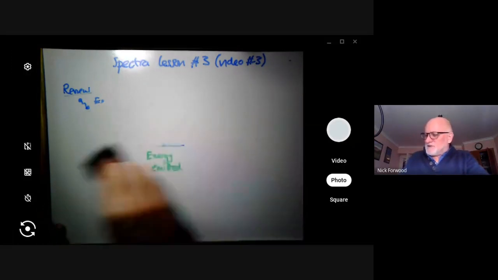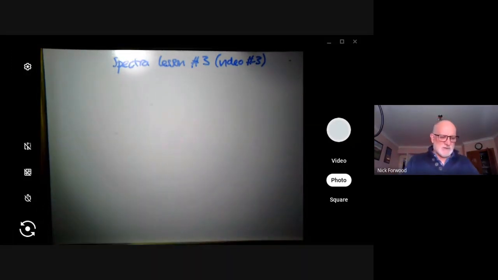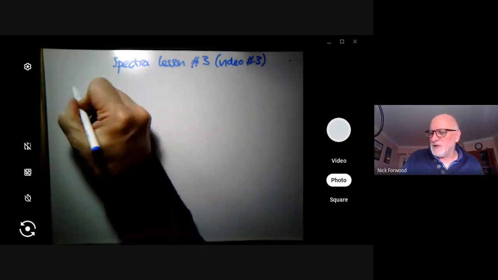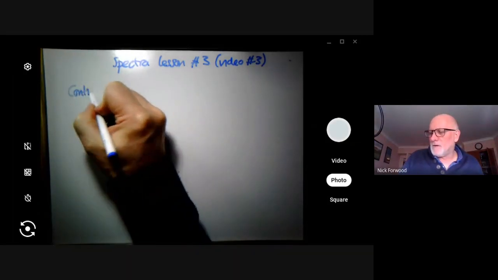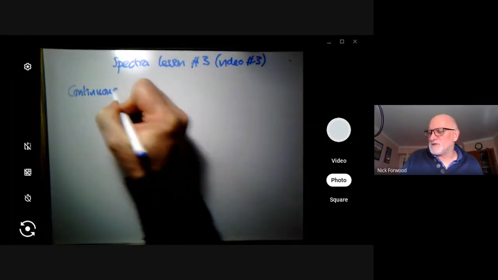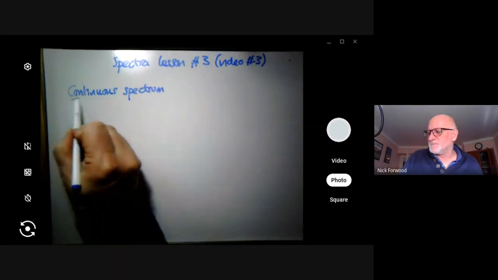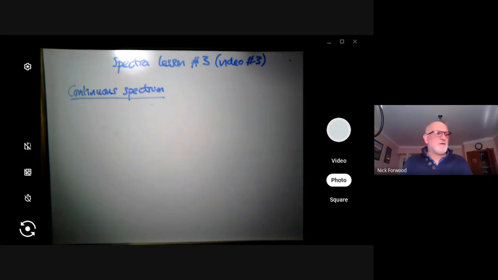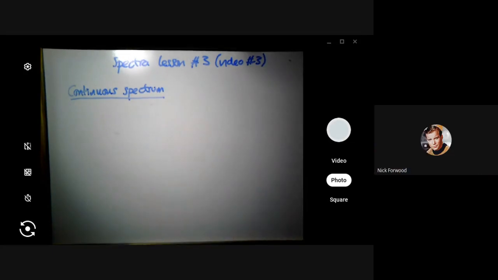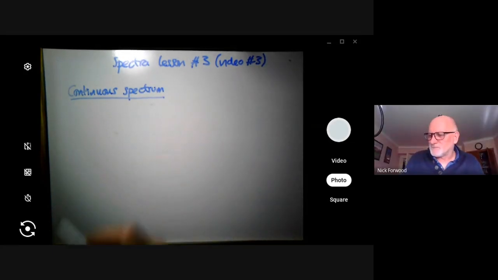So the first spectrum I want to look at is called the continuous spectrum. Now, we've already seen the continuous spectrum in the refraction section. And how do you get a continuous spectrum? You take a hot source, something like the sun, for instance.